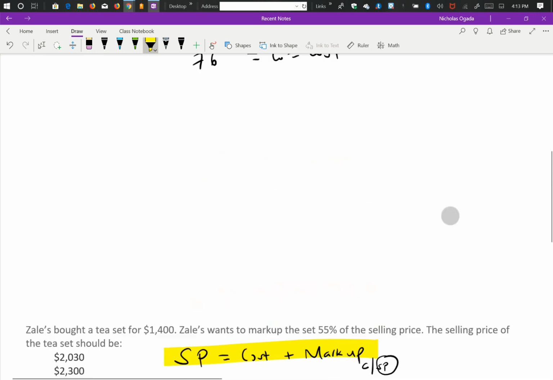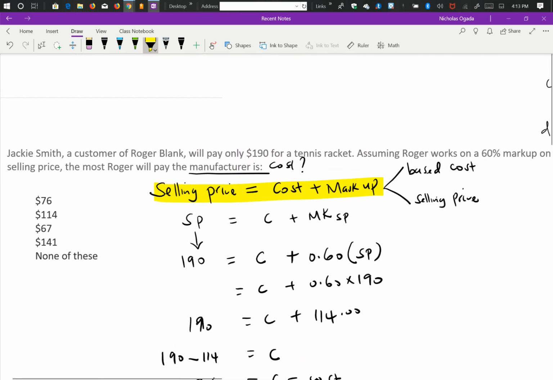In the previous example, we used the same formula to determine cost if you've been given the markup that is based on a selling price, but you have also been given the selling price. So either way, this formula is very important, and I would suggest that you stick to the formula when it comes to solving most of the problems in the chapter.